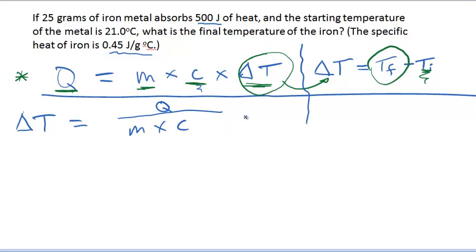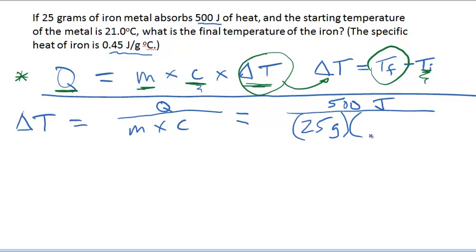Now let me clean things up a little bit here. Now that we've isolated the variable that we're interested in, we can plug in the values from the problem. Q is 500 joules. M, that's mass, that's 25 grams.